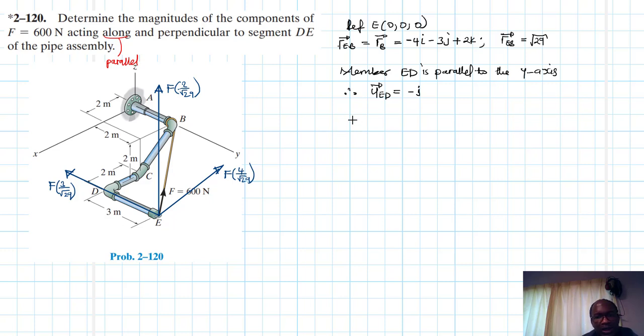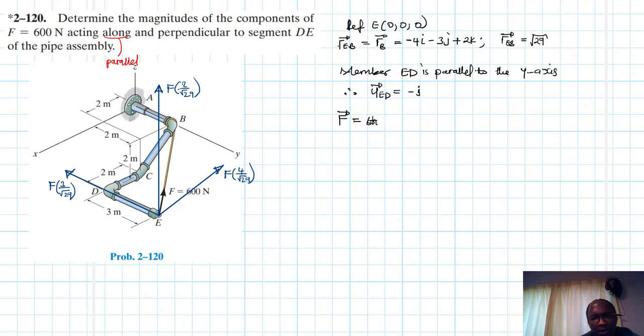Alright, so let's write down our first vector. Our first vector is just going to be equal to, what's the magnitude of this?